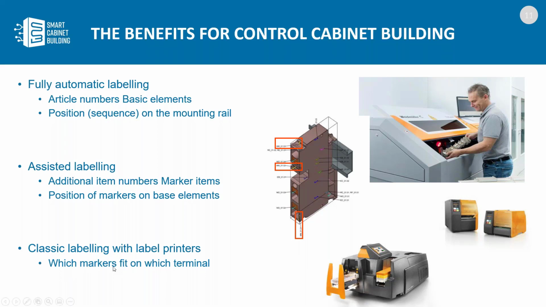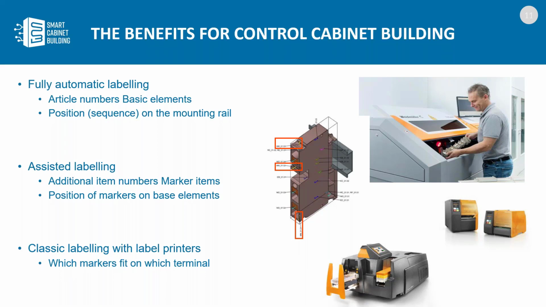So this will help if the product data has the information, okay, on this terminal, those markers can be used and they all fit. If there is no special definition, then it always uses the favorite markers, and the user doesn't have to care about that for maybe 95% of the markers in your project.